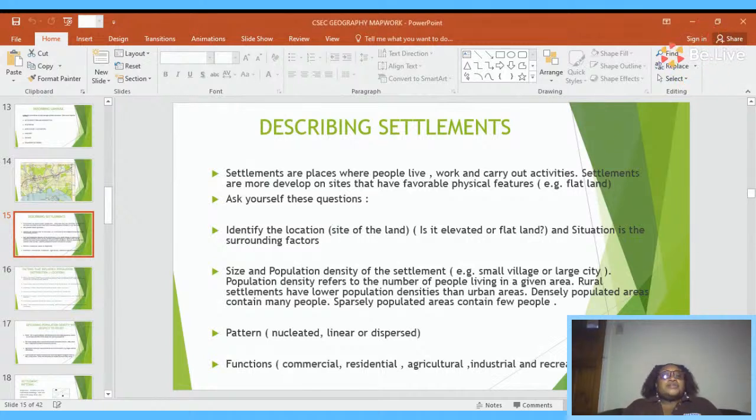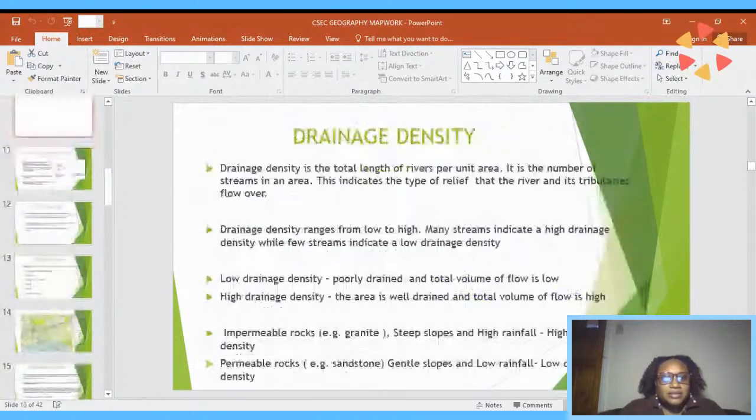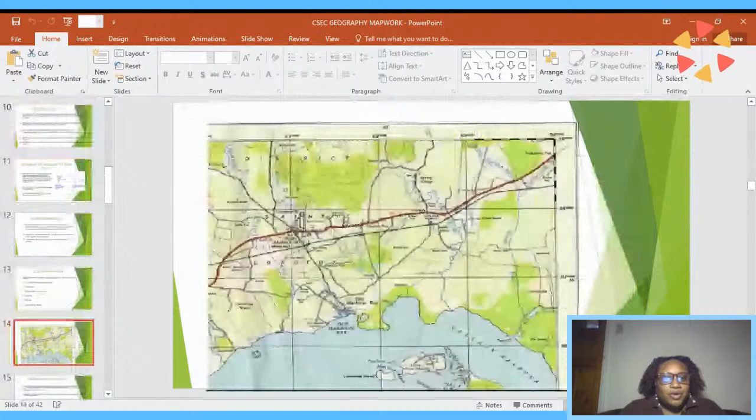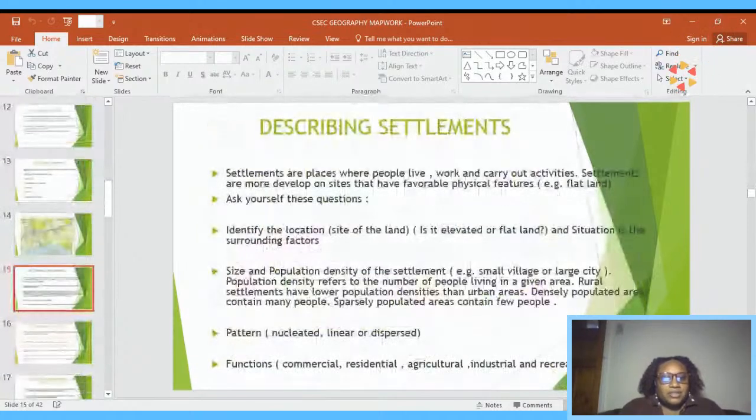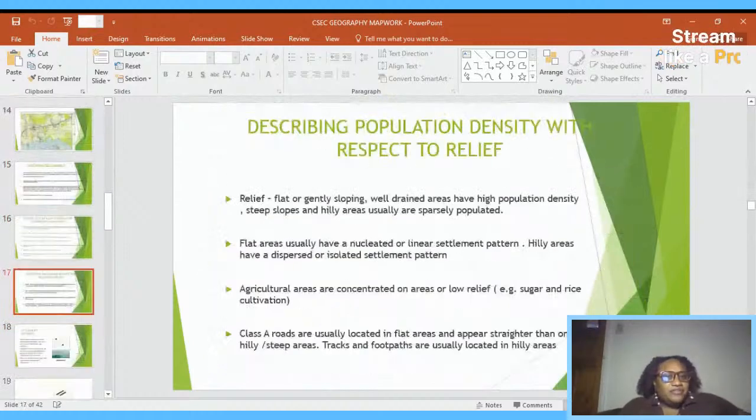Okay, great. So when you are looking at settlements, I think last day we went through all of drainage. Did we look at describing settlements? We stopped at factors, I believe, right?